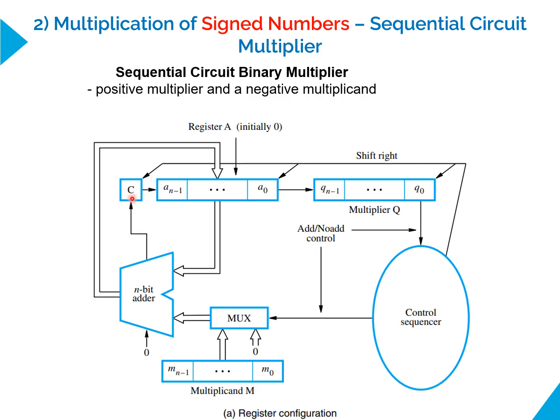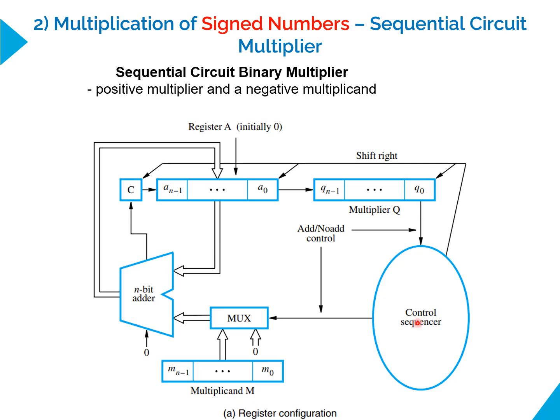Here you can see registers. Register A is initialized with 0, the register Q is initialized with the multiplier, and a register M is initialized with the multiplicand. When the multiplier is placed in the Q register, you need to decide on the least significant bit Q0.